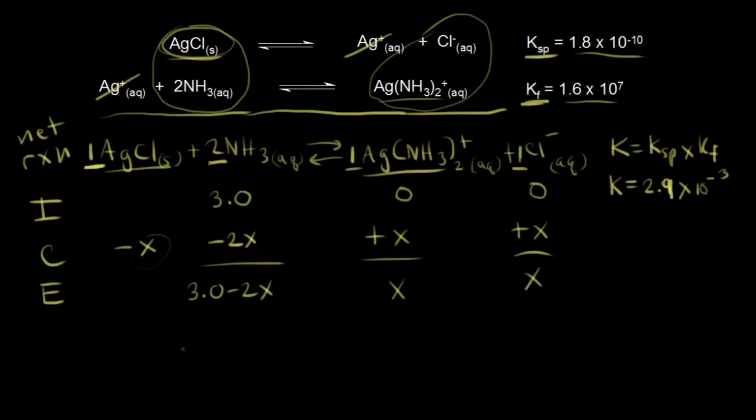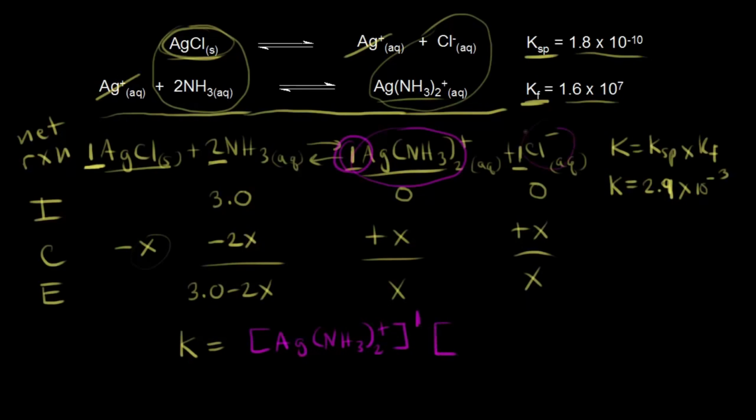Next, we write our equilibrium expression. K is equal to the concentration of products over reactants. So we have the concentration of our complex ion raised to the power of the coefficient, so to the first power, times the concentration of chloride anion raised to the first power.